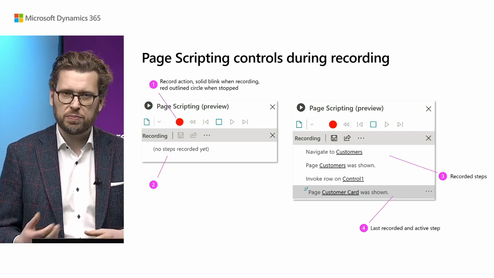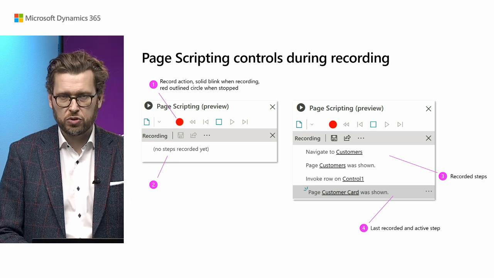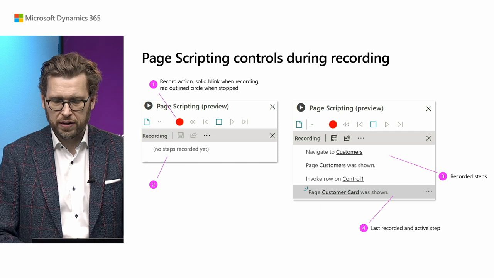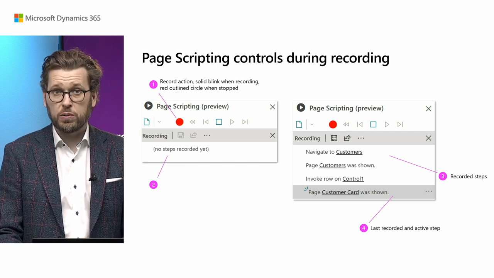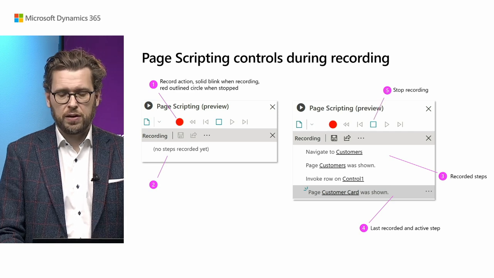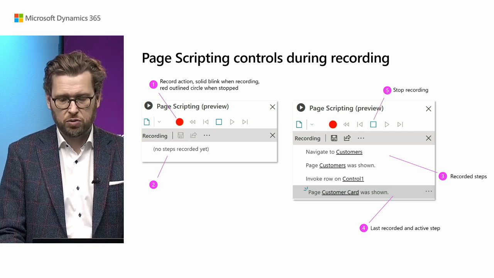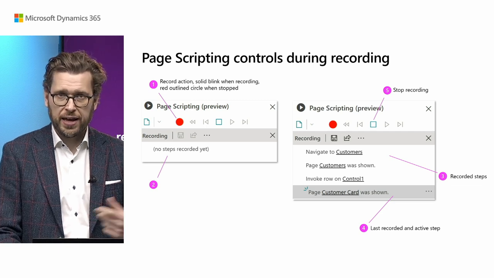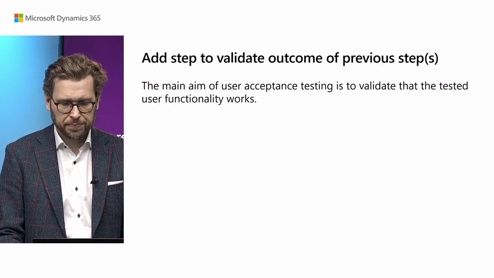For the last active step, you have some additional things you can do with regards to editing that step, and we'll talk about that during this session. When you're done with your recording, you can hit stop and then save it, and you can even restart a recording from the end to add additional steps.